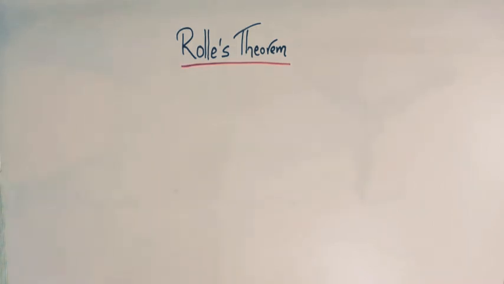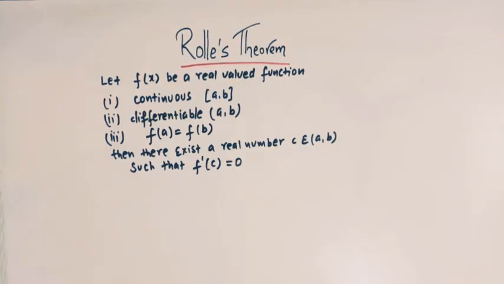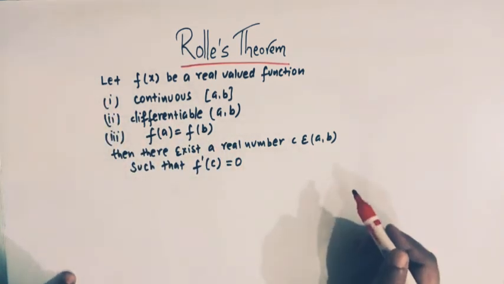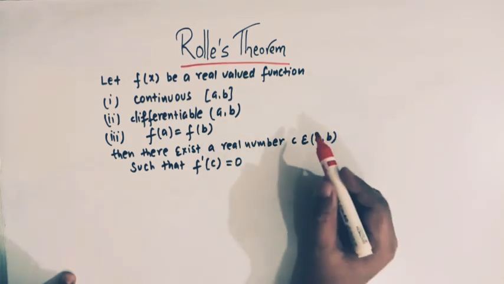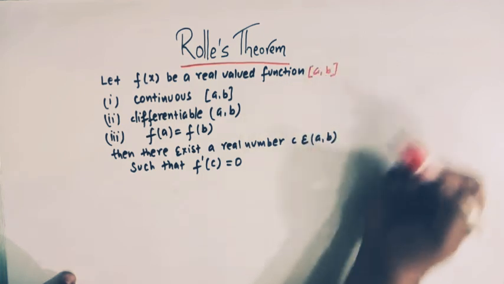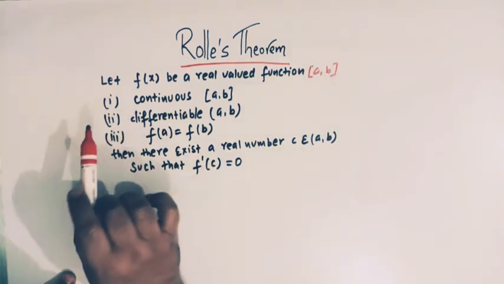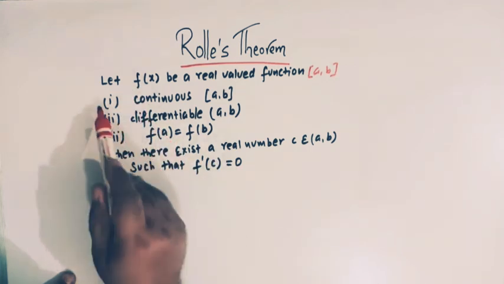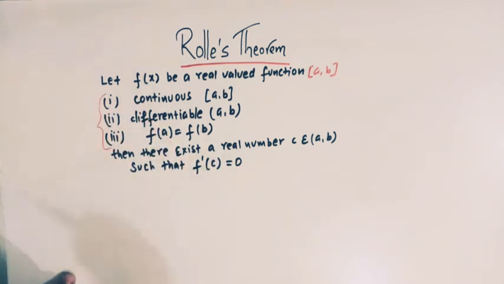Now let us first take the formal statement of Rolle's theorem. Let f(x) be a real valued function defined on the interval [a, b]. The function f satisfies three properties.